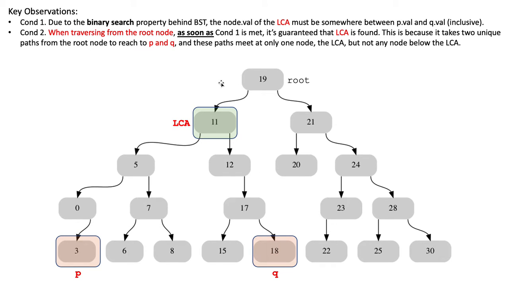Second, when traversing from the root node, which is 19 here, as soon as condition 1 is met, it's guaranteed that LCA is found. This is because it takes two unique paths from the root node to reach P and Q. So this unique path to reach P and the other unique path to reach Q. And these two paths meet only at one node, the LCA, but not any node below the LCA.